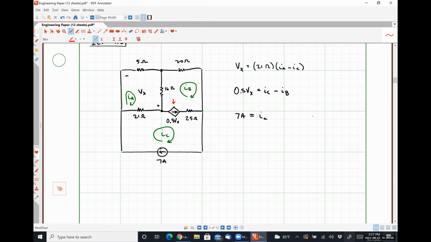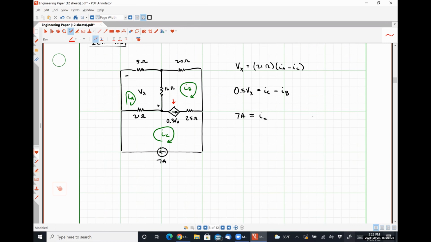Okay, you'll only deal with current relationships. So if there were a current source anywhere on mesh A, we couldn't do any Kirchhoff's voltage law for this entire problem. It would literally just be current relationships, and then we'd solve that system of current relationships to figure out what was going on.